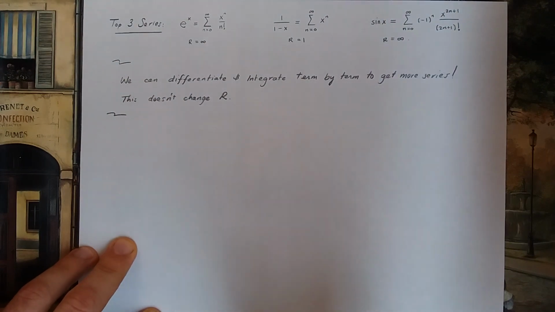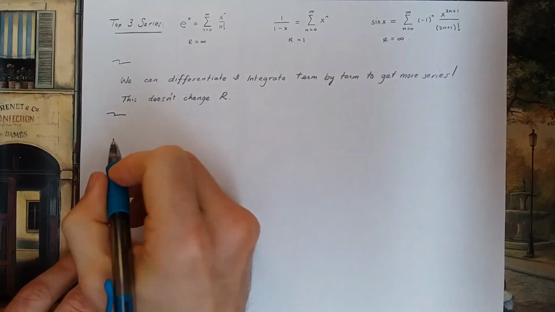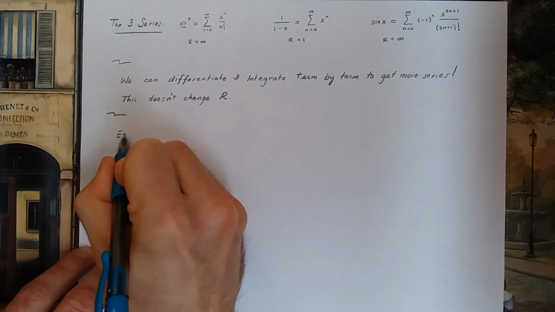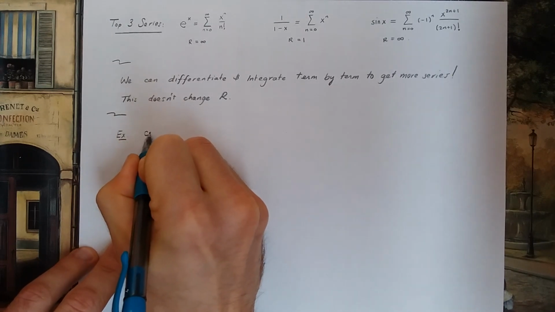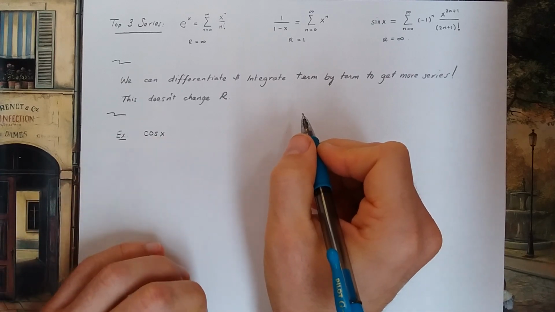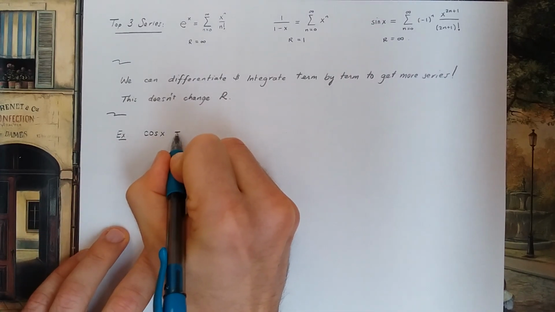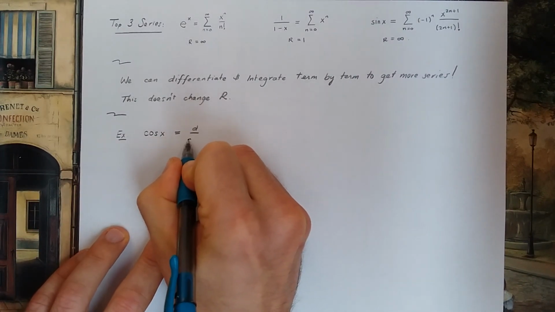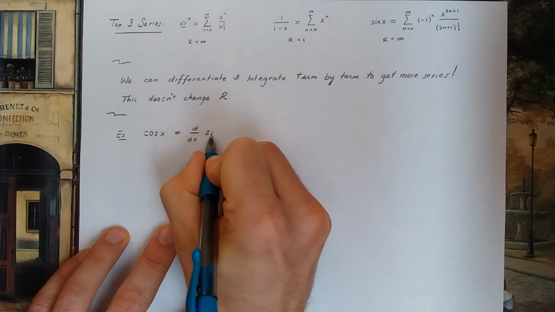What do I mean by differentiate and integrate term by term? Example. Cosine x. We know cosine x is the derivative of sine x.